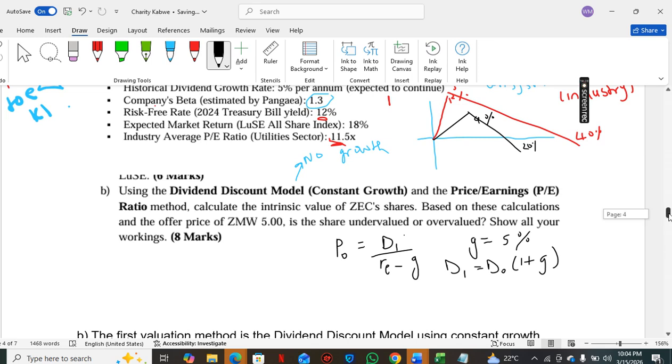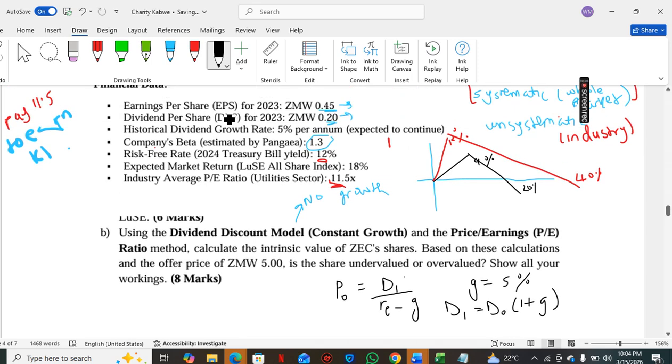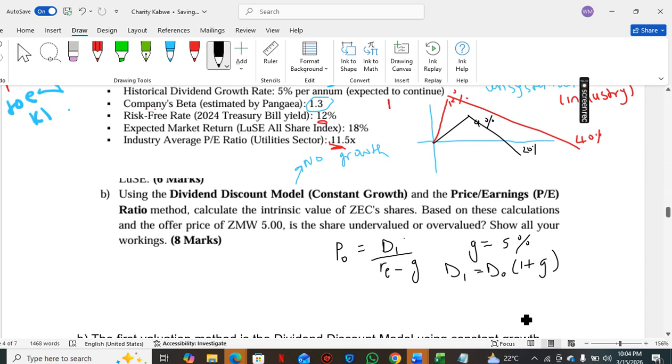The current dividend you get from the dividend per share, 0.2. Since the dividend is going to grow at 5%, if this year you're getting a dividend of 20 ngwe, next year you expect 0.2 multiplied by 1.05, because 5% is 0.05 in decimal.